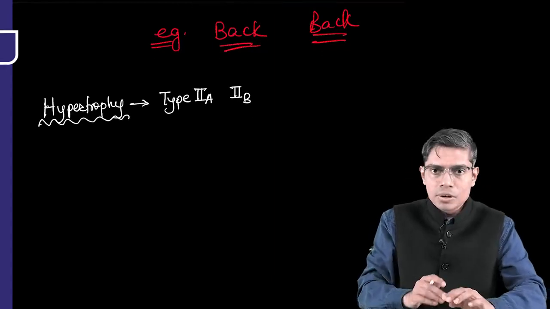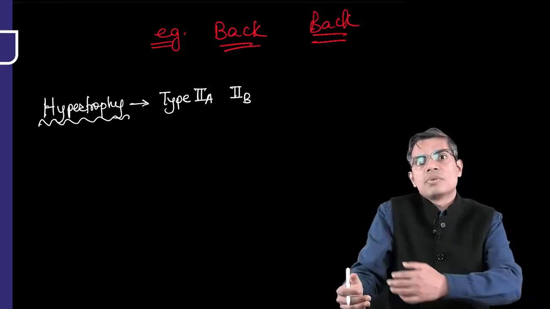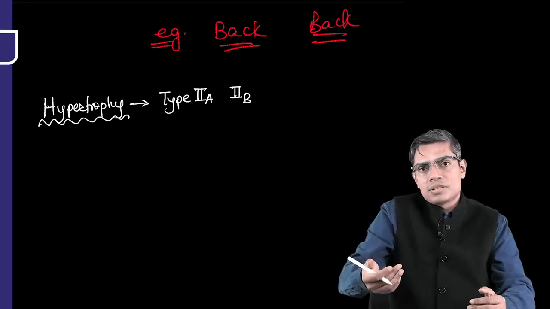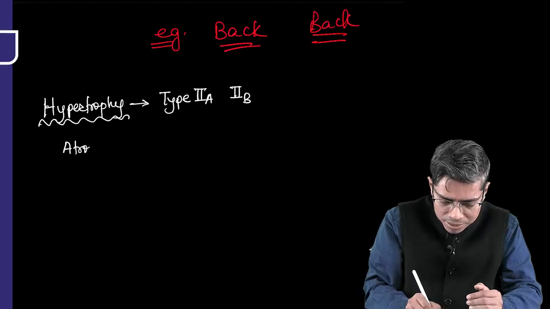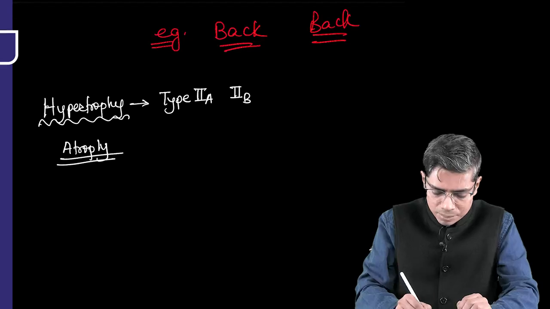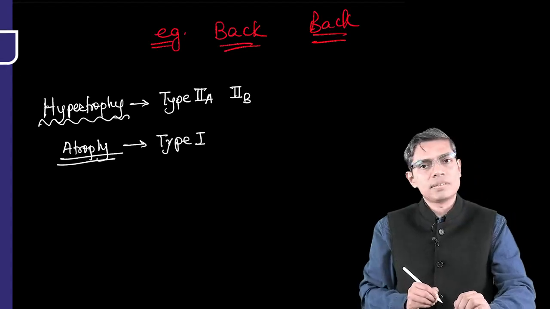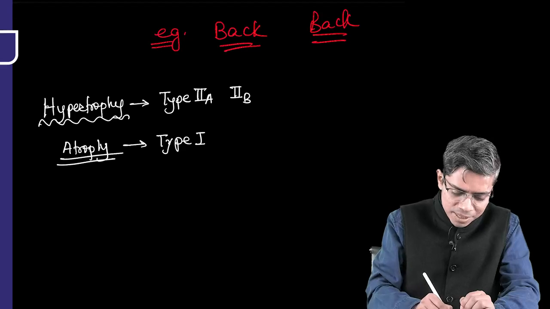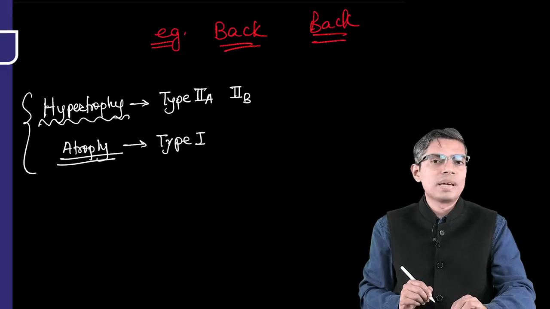And whenever you are not using one muscle for long duration, suppose there is paralysis of one side of the body, the muscle is not used for long duration, there will be atrophy of the muscle. In case of atrophy, the predominant muscle fiber that is going to be affected is type 1 muscle fiber. So for hypertrophy, type 2, and for atrophy, type 1 muscle fiber is going to be affected.